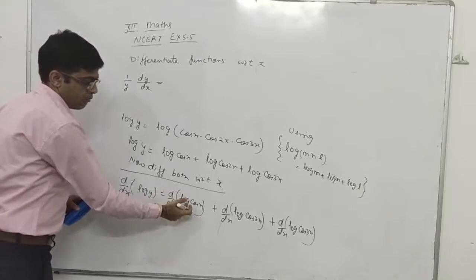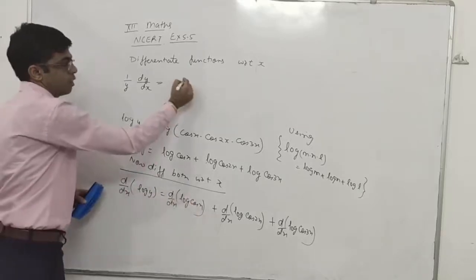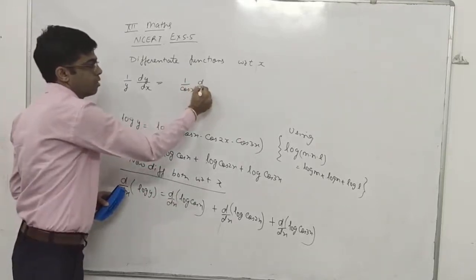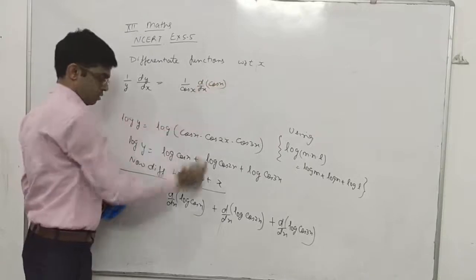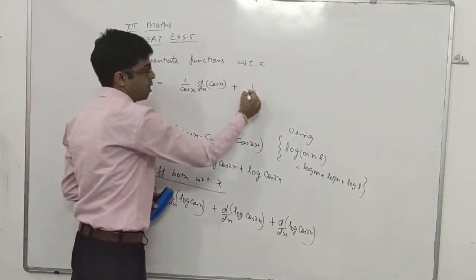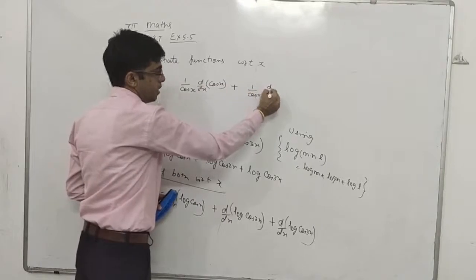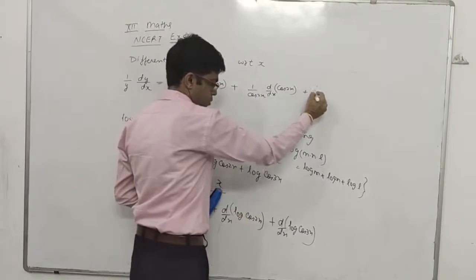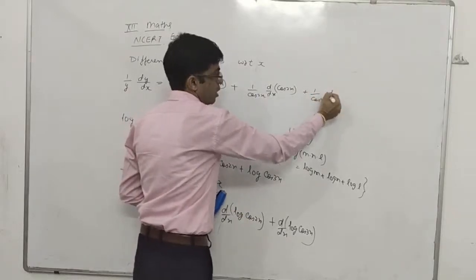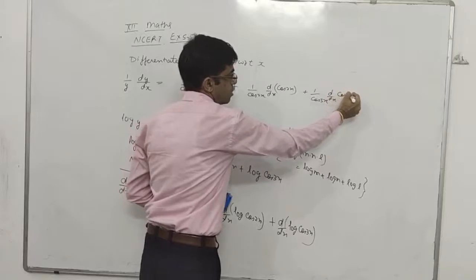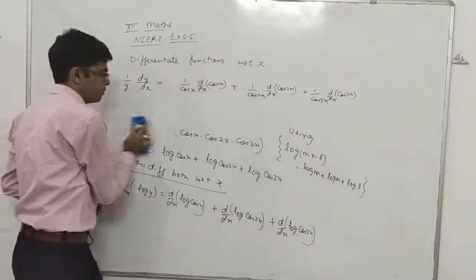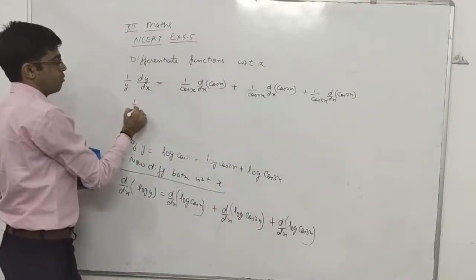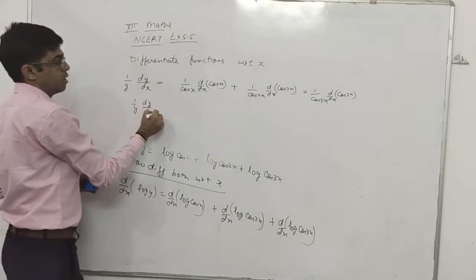Similarly, if we are differentiating log of cos x, first of all cos x will go in the denominator, then d by dx of cos x. Similarly 1 upon cos 2x, d by dx of cos 2x, then 1 upon cos 3x, d by dx of cos 3x. So 1 upon y dy by dx.